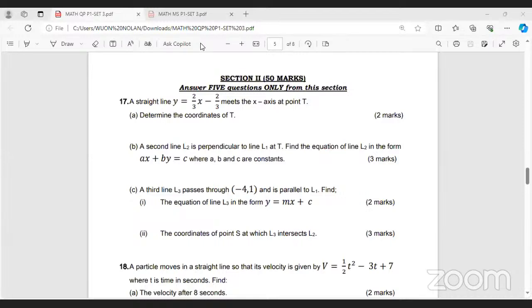Jeremy Mwaniki, tell me. What's the issue, or you are just asking that we do it together? You can do it together. Now we check. I hope most of you can see the book I'm writing on. Yes, sir.